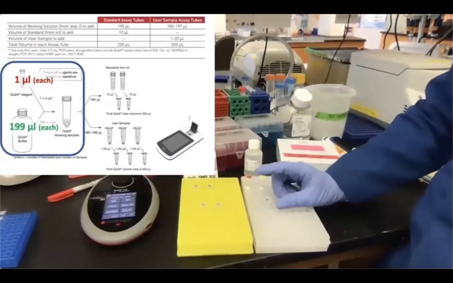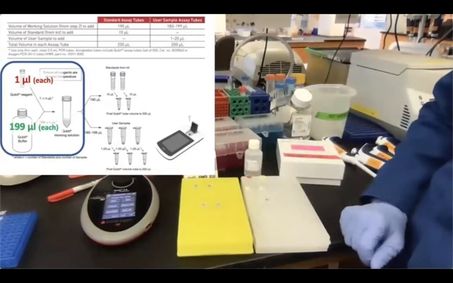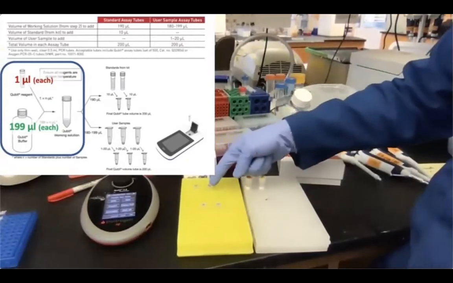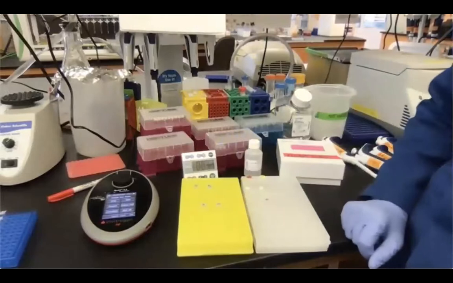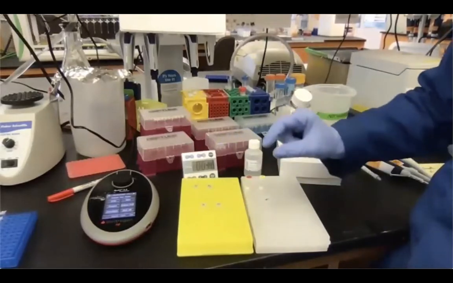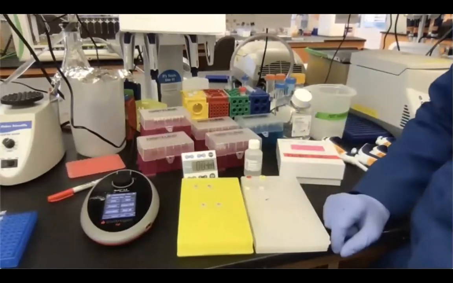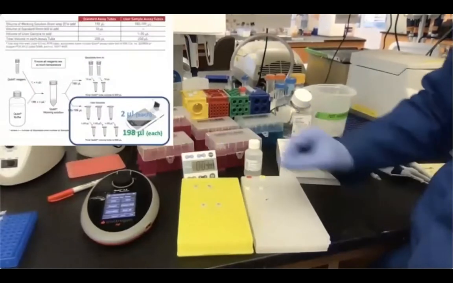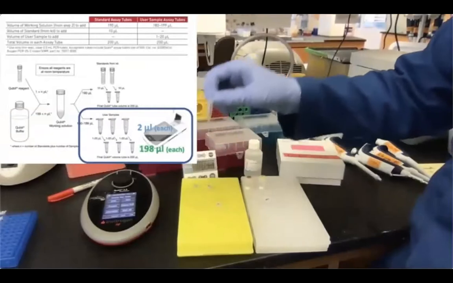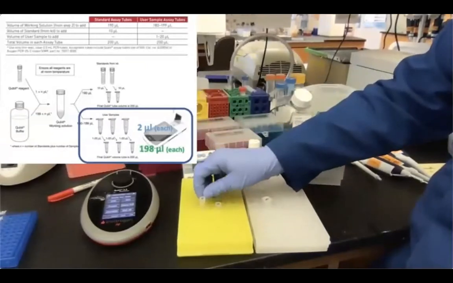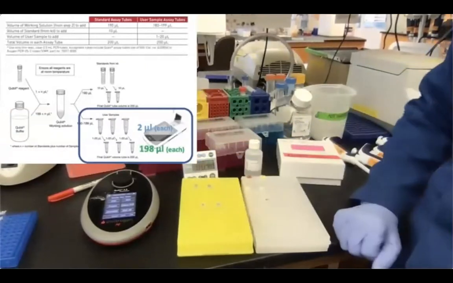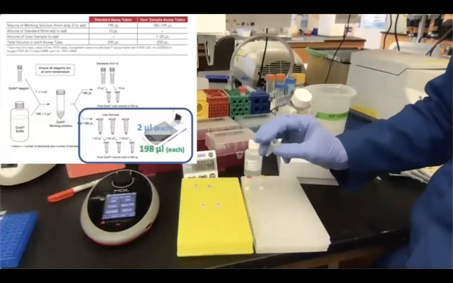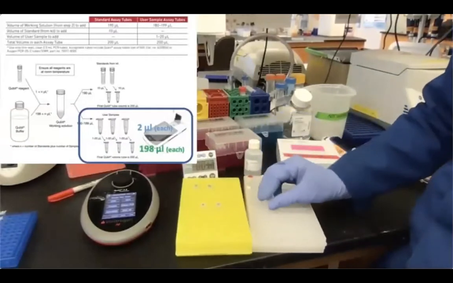After we're done, we're gonna pipette our working solution into our tubes, and then we're adding either the standards or 2 microliters of our samples. I told you before, the final volume of the assay is gonna be 200. So since we are pipetting 2 microliters of our samples into these tubes, we have to add 198 microliters of our working solution.